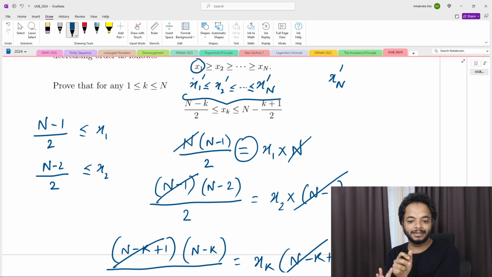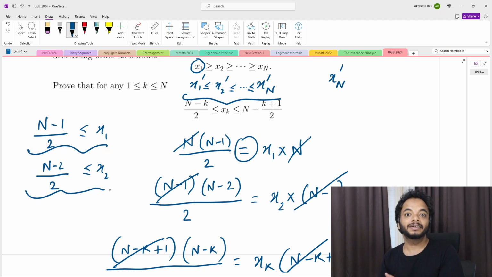So it's the same here for xn dash: we know the minimum number of losses and the maximum number of losses. It's just win and loss, nothing is changing. The same concept, whatever we did here with the wins, just the word changes to loss and everything remains the same.